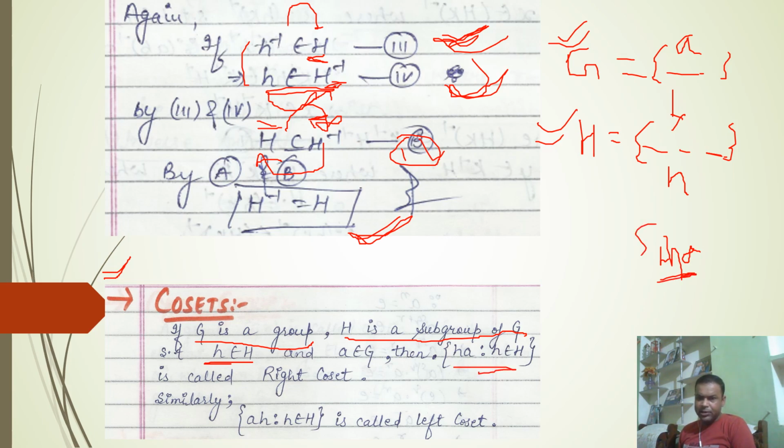This new set, in which we write the product of these two sets in this order, has the element of subset H written first and the element of G written second. The second element is fixed. Here this element can change, but this element is fixed. So ha and the remaining elements will create a set, and this set is known as a coset.